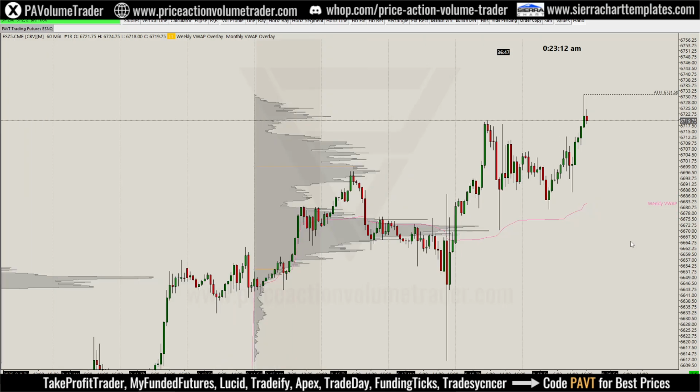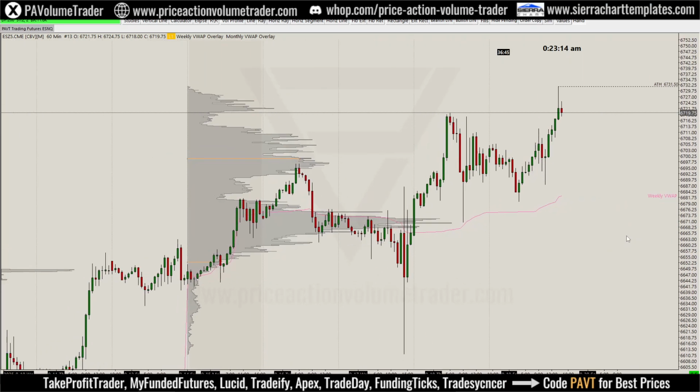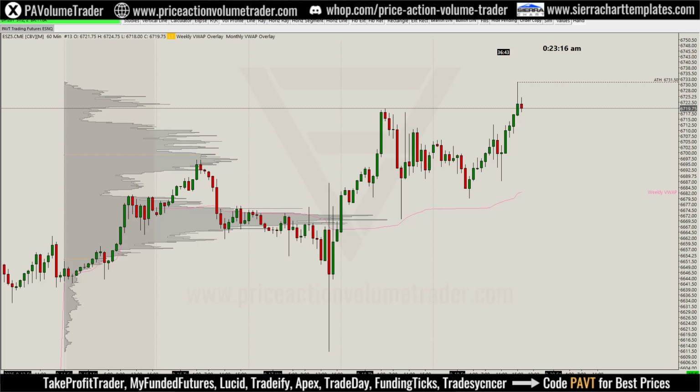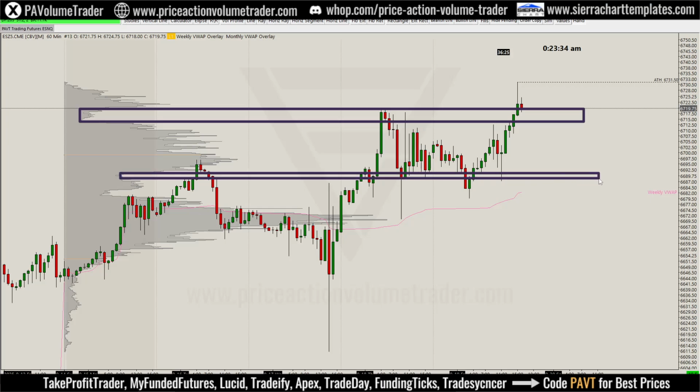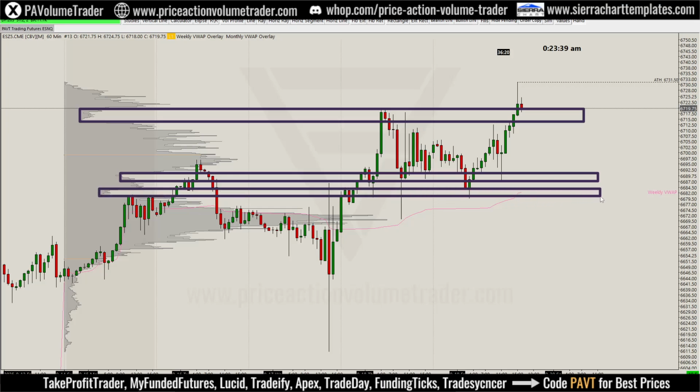Weekly profiles. So here we have the main node that we've been talking about that we're dealing with. So low volume node support would be right over here, which we're just holding at the moment. And then below that, we have these two main areas of support.